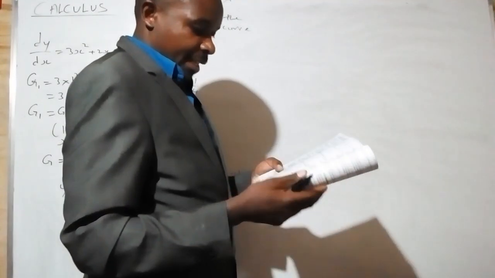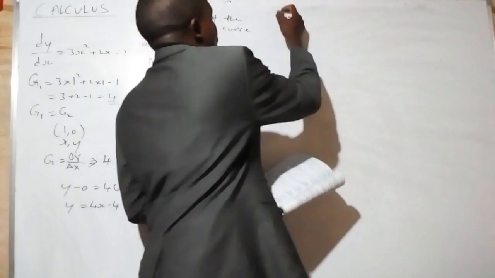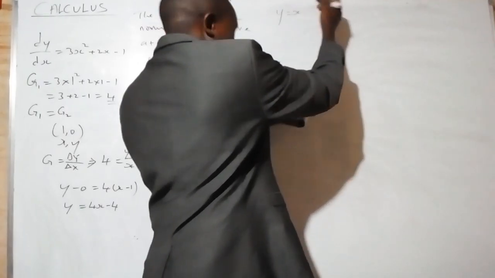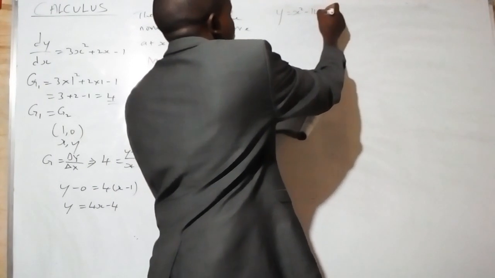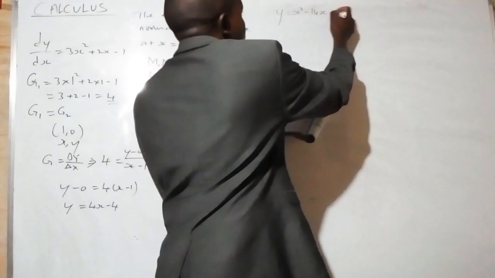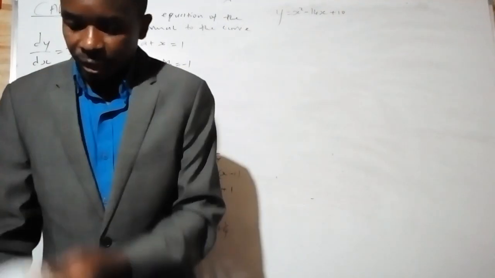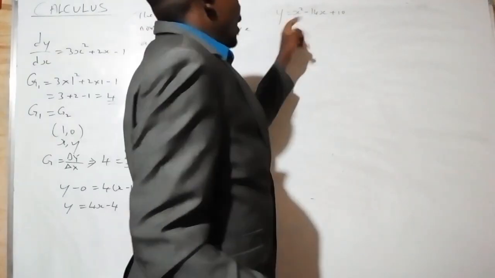Find the coordinates of the turning point of the curve y is equal to x squared minus 14x plus 10. You are going to differentiate this equation to get the gradient function.